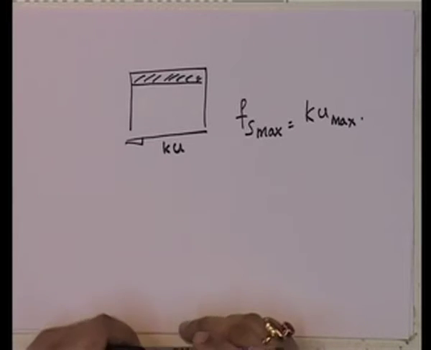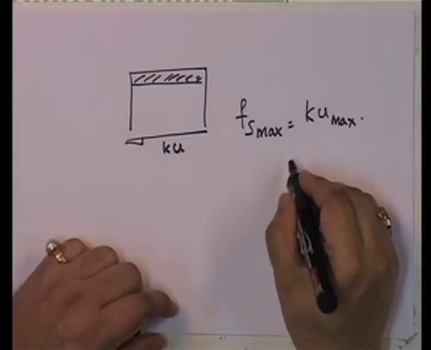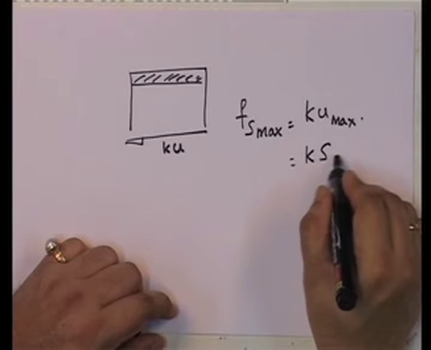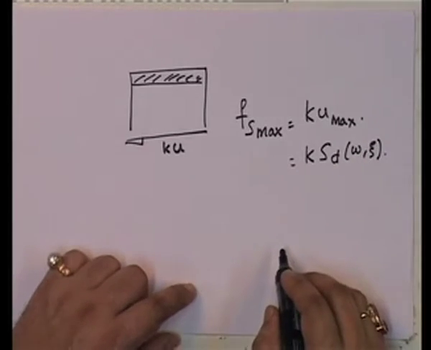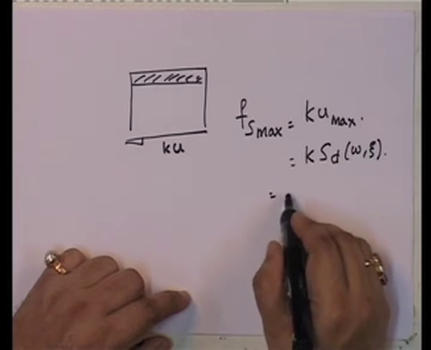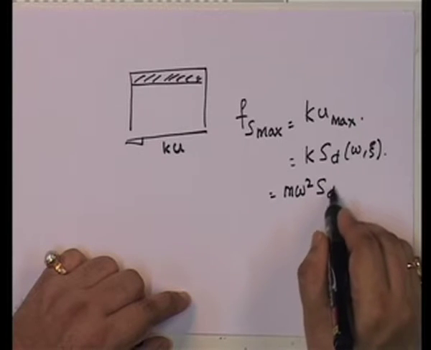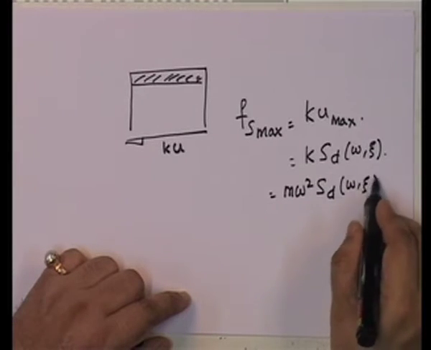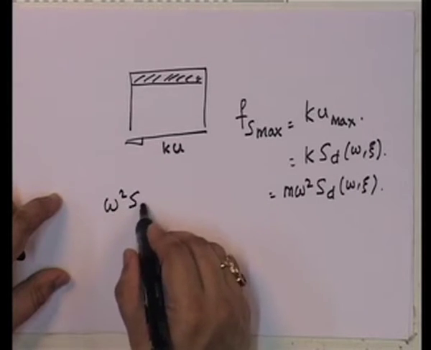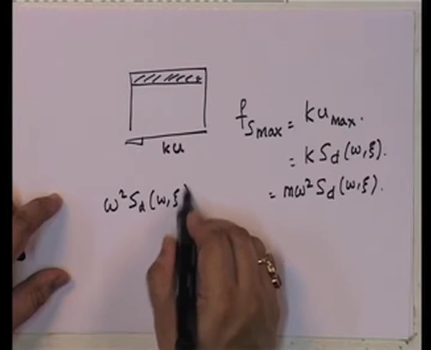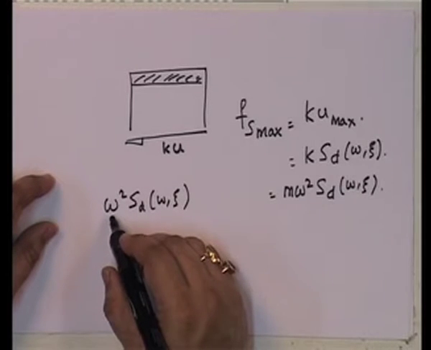So, this is equal to K times S d, which is a function of omega and psi. Now, I know K is equal to m omega squared. So, if I take m omega squared S d, what are the units of omega squared S d? S d is in millimeter, and omega squared is radians per second squared.